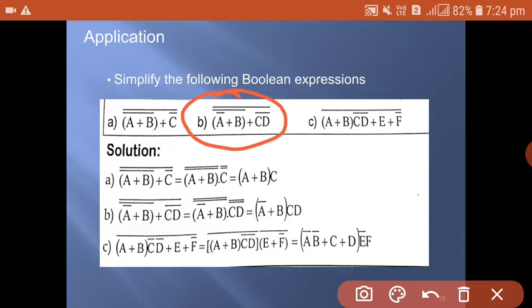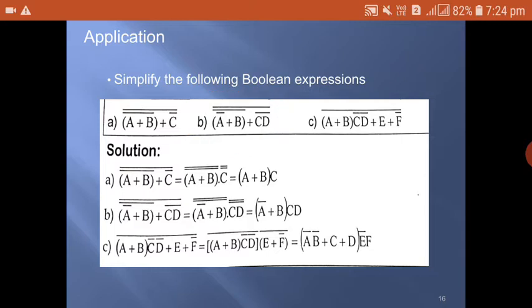So again considering the same De Morgan laws, (a plus b) whole bar, you can write this as a bar into b bar, where a happens to be (a bar plus b) whole bar and b happens to be (cd) whole bar. So this becomes a bar plus b into cd. So this is the minimized expression for the given Boolean expression.